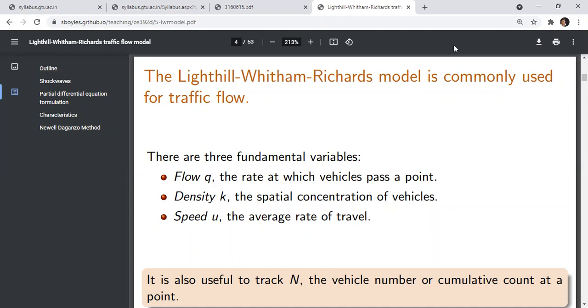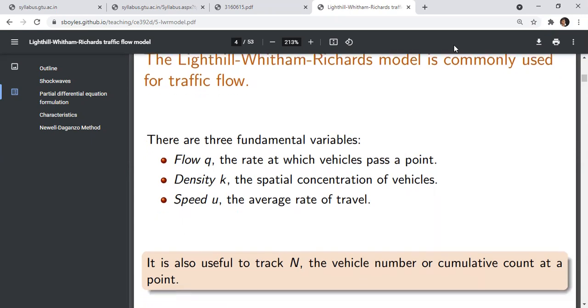The speed is the travel speed of a particular vehicle, or after conducting successive surveys, an average speed is obtained, for example an average speed of 80 kilometers per hour, meaning all the vehicles are passing at an average of 80 kilometers per hour on that particular lane or highway intersection.